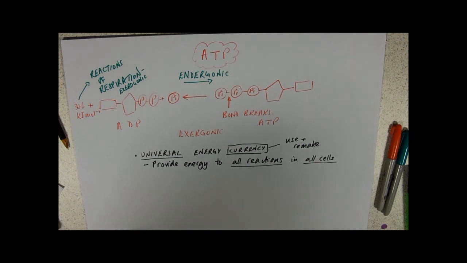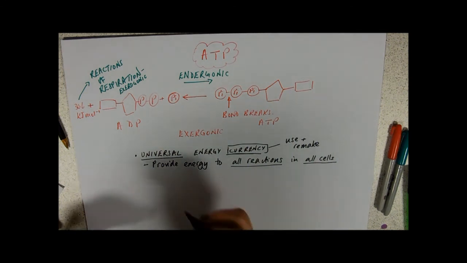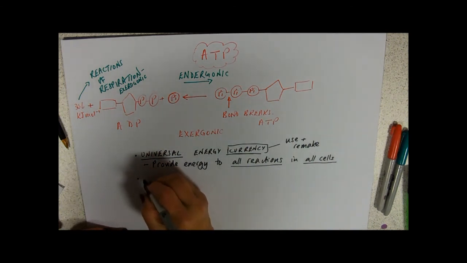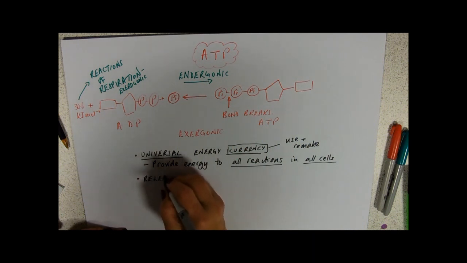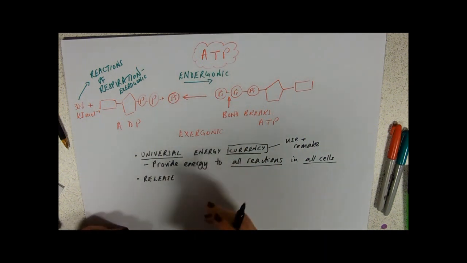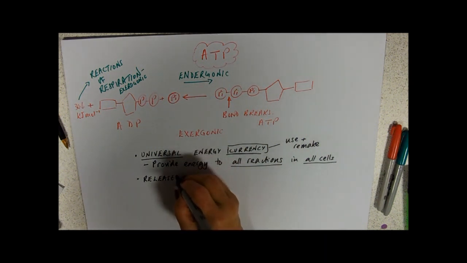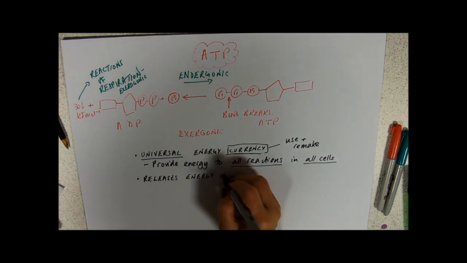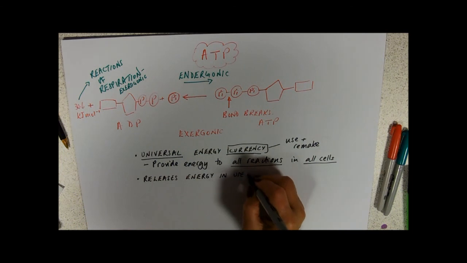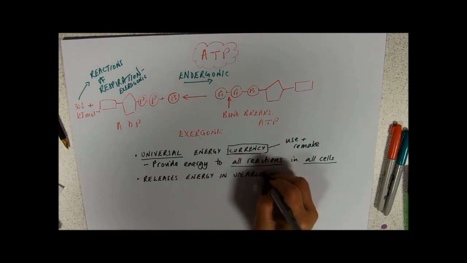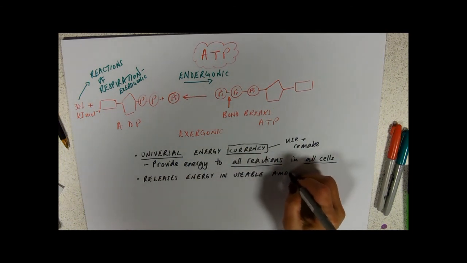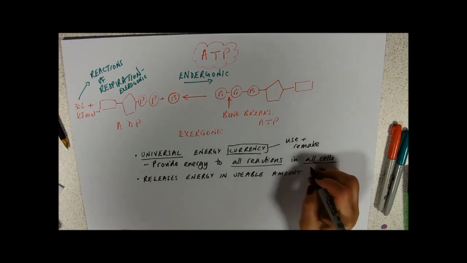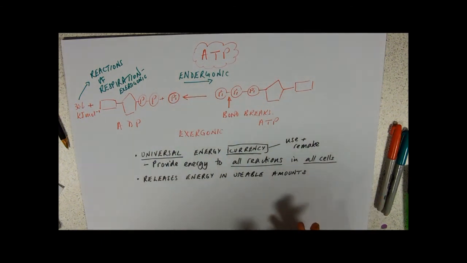So why is it so useful? It releases energy in usable quantities. One ATP molecule will provide enough energy to do a little reaction. So it releases energy in usable amounts.